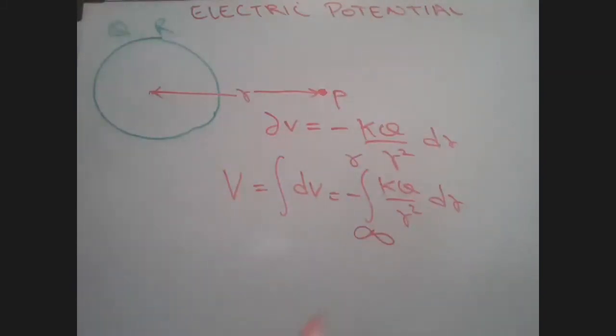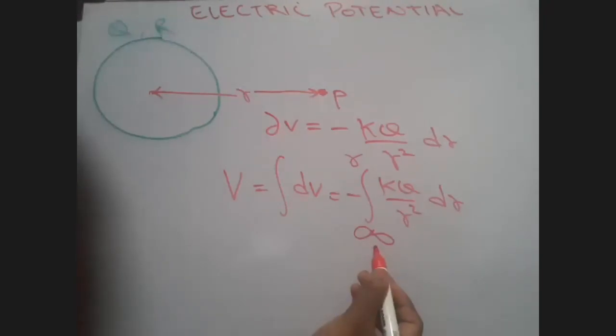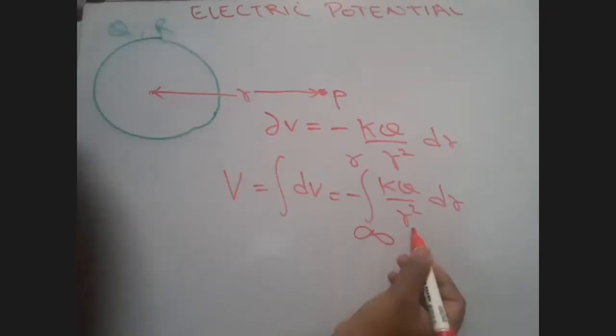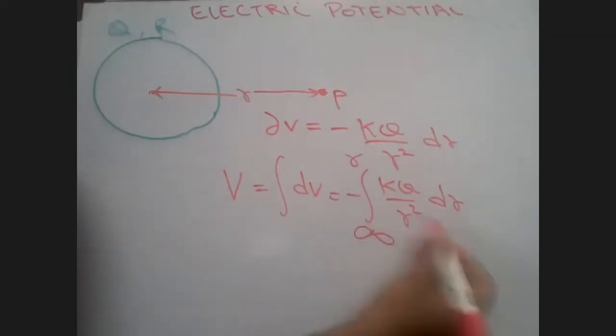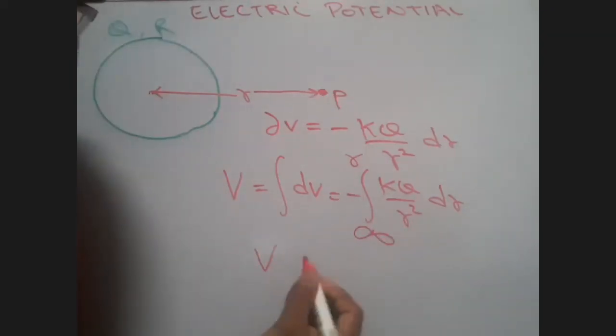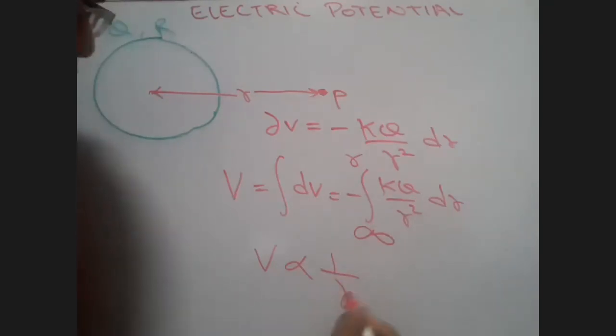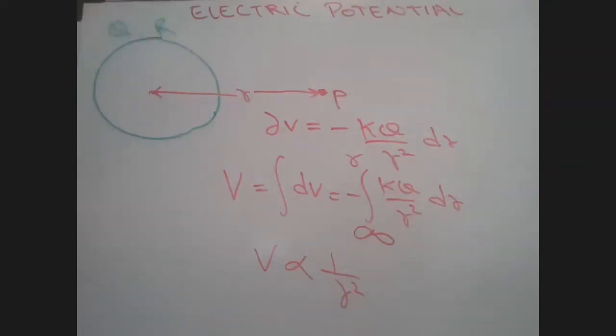Okay, let me just say, V is proportional to what? 1 upon R square, inversely proportional. Am I right?